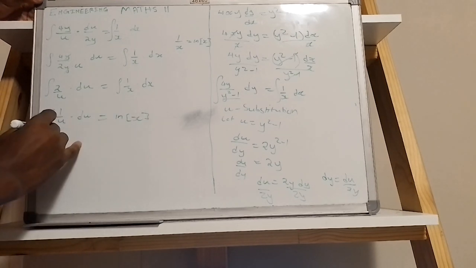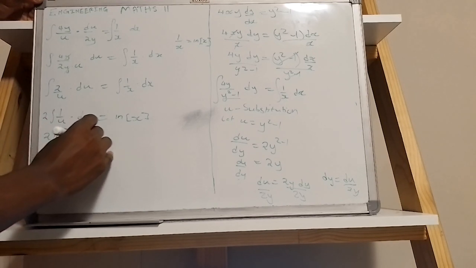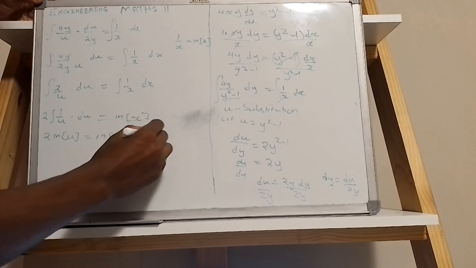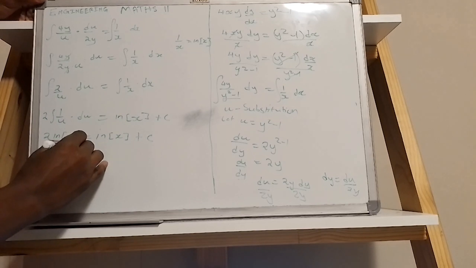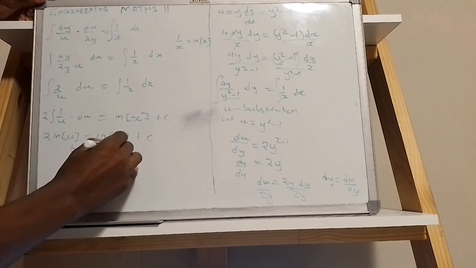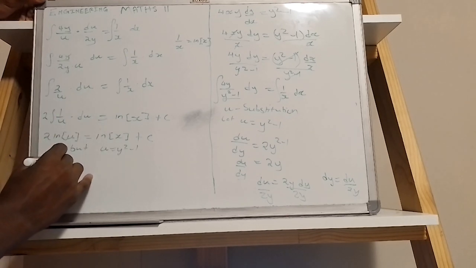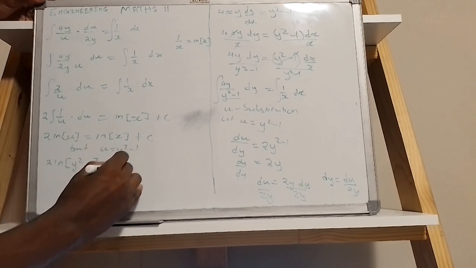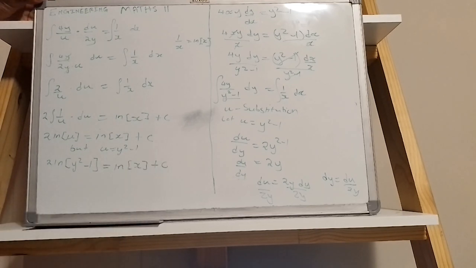Similarly, when I integrate this, I'll have 2 ln of u, which is equal to ln of x plus c. I forgot to say plus c here because we don't have conditions. But I know u is equal to y squared minus 1, so where I have u, I can substitute that. I'll have 2 ln of y squared minus 1 equal to ln of x plus c. That is my solution.